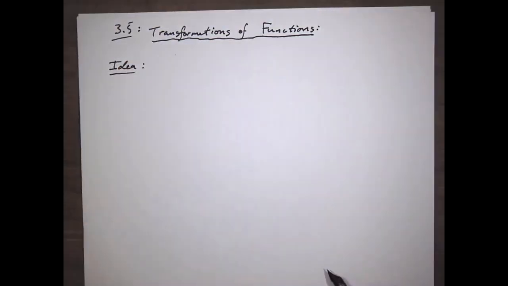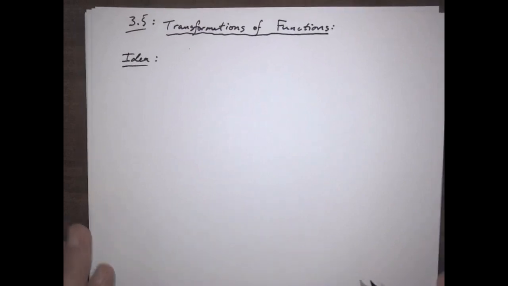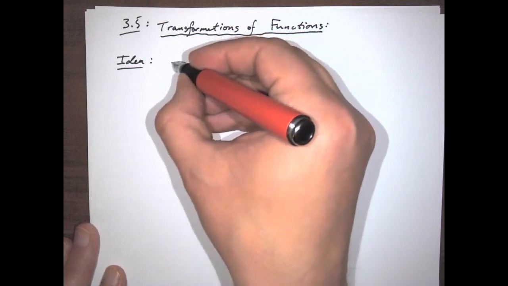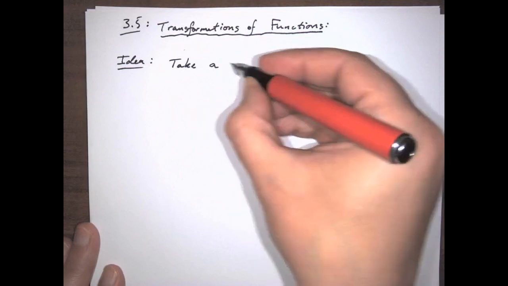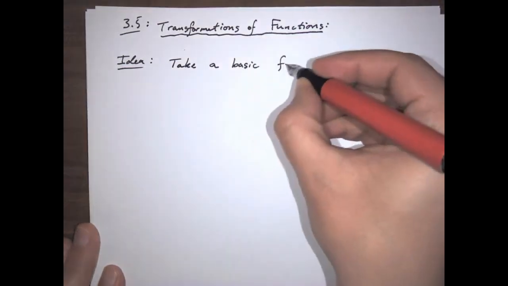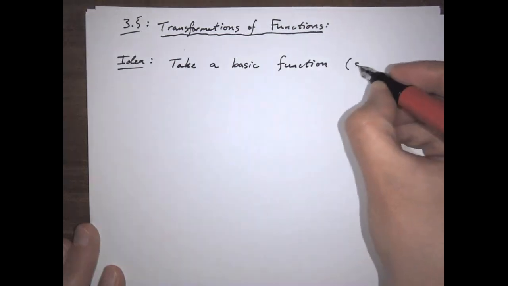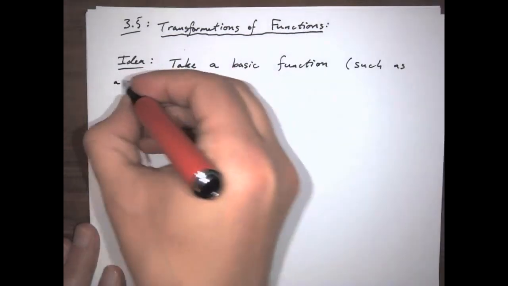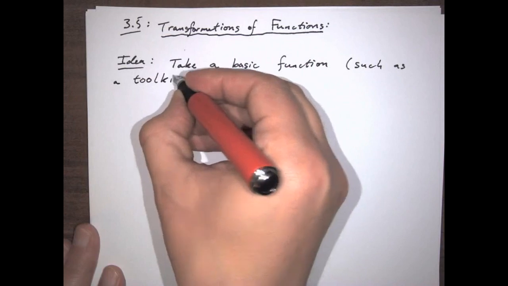The idea is we're going to take some basic functions, usually from our toolkit, and we're going to customize them for certain specific situations. So the idea is take a basic function, such as a toolkit function, which you'll remember from section 3.1.